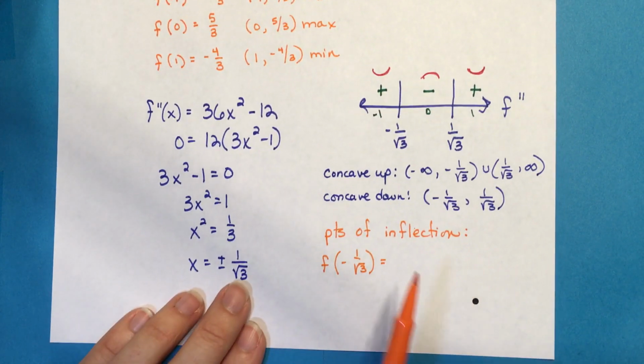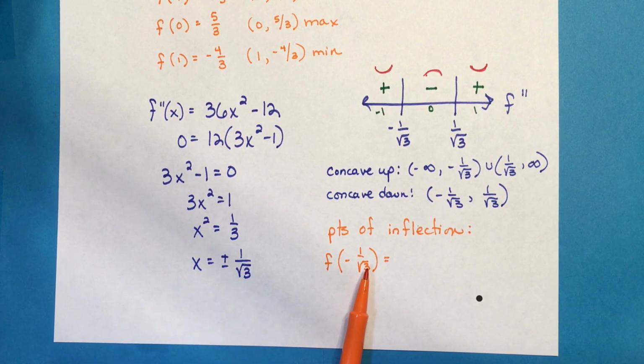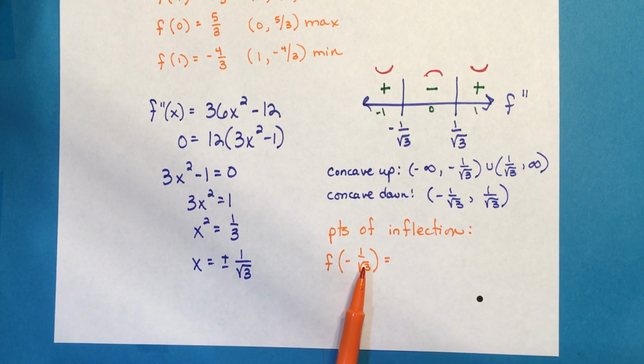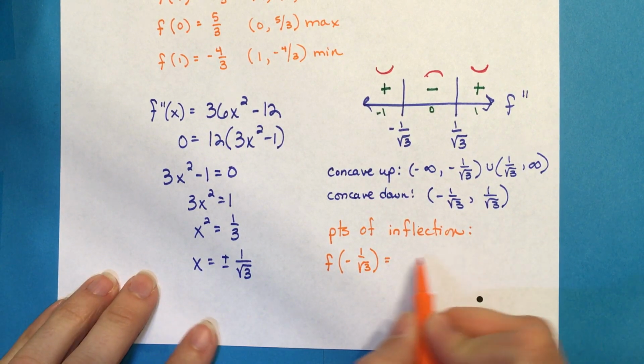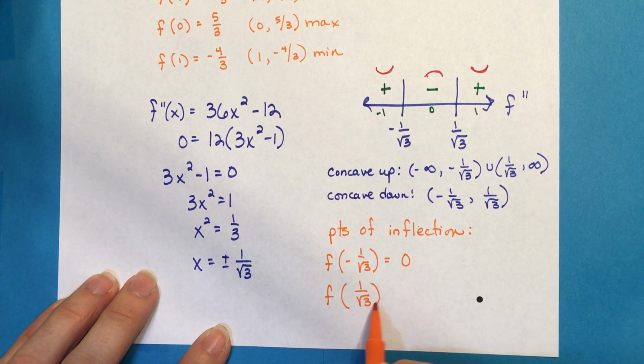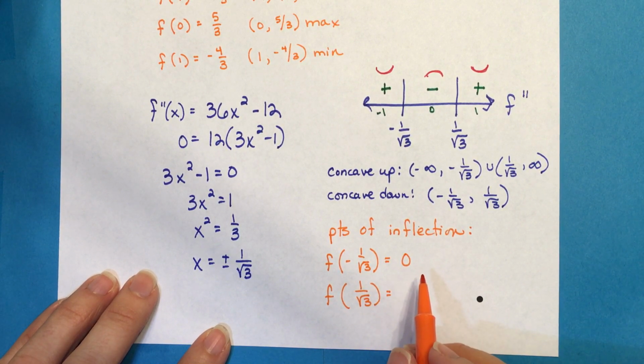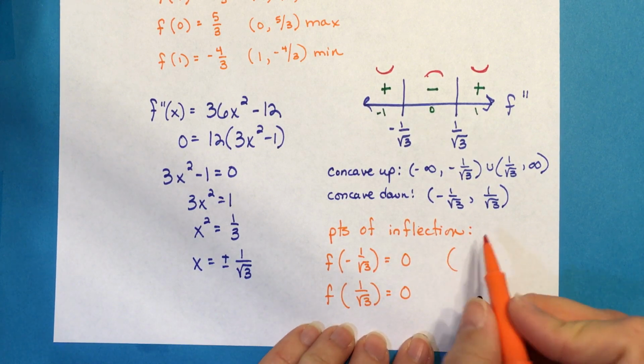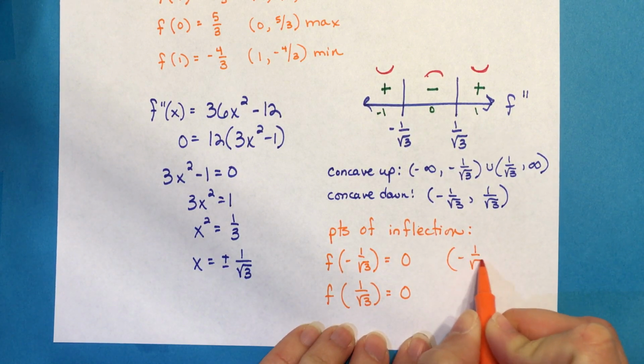Like I said, this is going to go back into the original function. If you substitute that back in, you're actually going to get 0. And then if you substitute in the positive 1 over square root 3, then you're also going to get 0 there as well. So that would give me these 2 points.